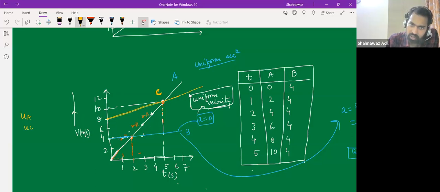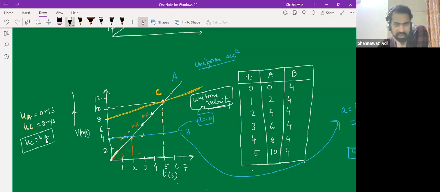This is the diagram, and this is C. Rishita, which has greater initial velocity, UA or UC? Between A and C, UA is 0, UC is 8 meters per second. So clearly UC is greater than UA. Is this clear to you guys?